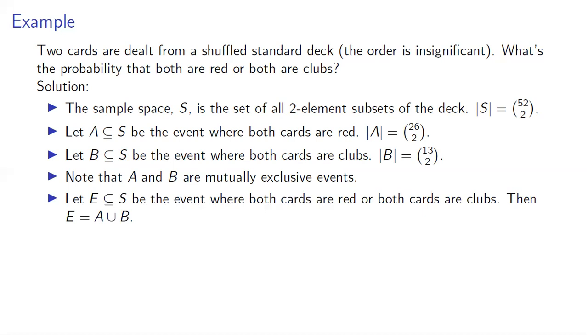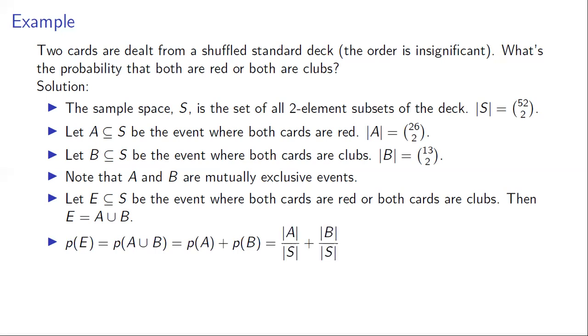Okay, now we can use the formula, and we can use the simpler version of the formula because A and B are mutually exclusive events, right? So the probability of E is equal to the probability of A union B. Again, mutually exclusive events, so this is equal to the probability of A plus the probability of B. We don't have to worry about subtracting anything in this example.